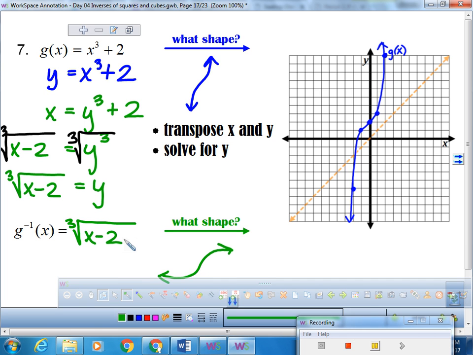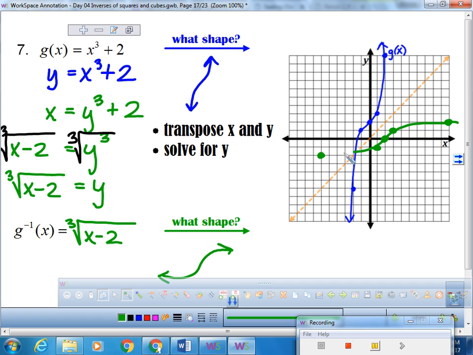Cube root of x minus 2 is shifted to the right 2. My magic numbers are over 1, up 1. Over 8, 1, 2, 3, 4, 5, 6, 7, 8, up 2. Down 1 over 1. Over 1, 2, 3, 4, 5, 6, 7, 8, down 2.